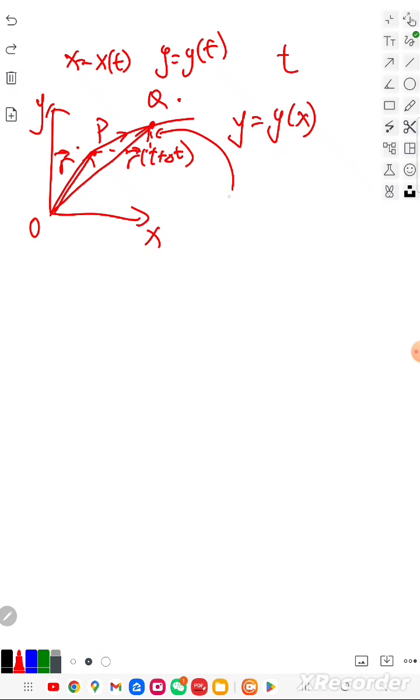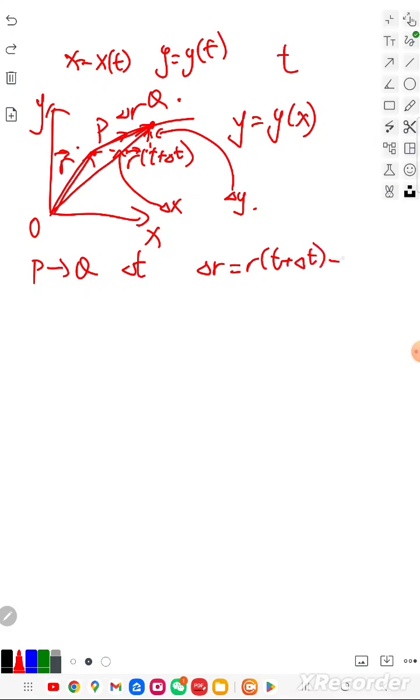We can see the change delta y and the change delta x, and the total change is delta r. So the displacement from P to Q in time interval delta t is delta r equals r(t plus delta t) minus r(t). This delta r is a vector, and its two components are delta x i-hat plus delta y j-hat.